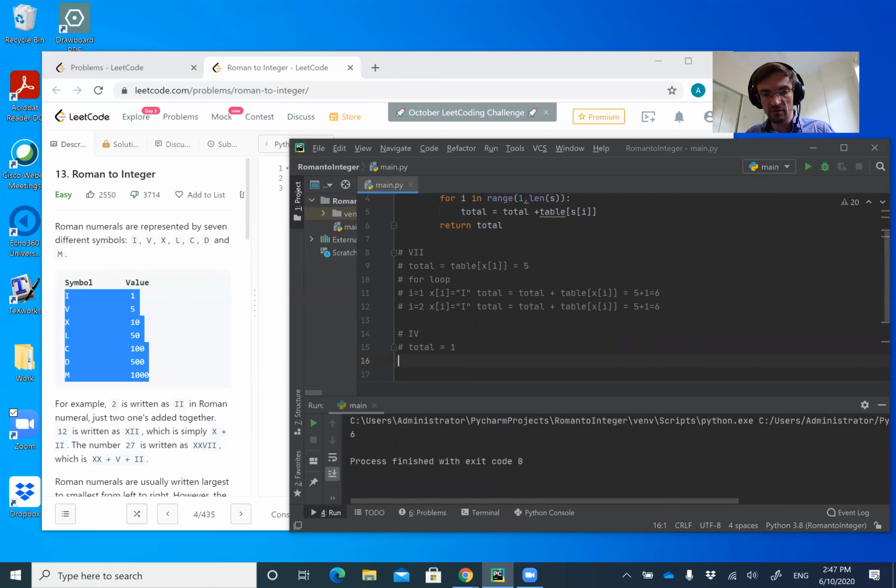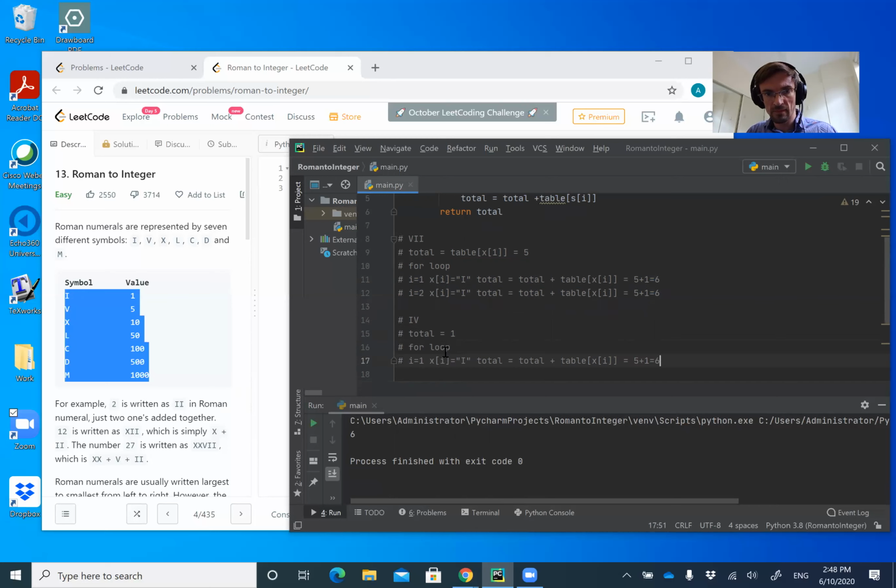And then for i equals 2, we have the for loop, so the next one would be 5, right?